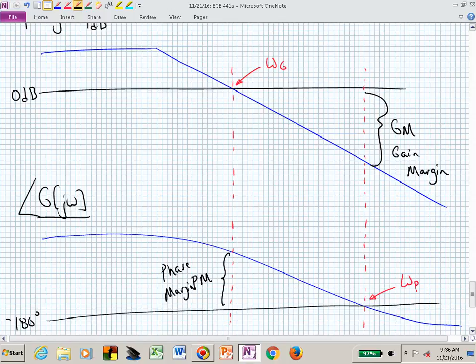We have no gain margin. Okay? So in this case, our gain margin is quite high, but we don't know what the axis is as far as how much it's labeled, but let's say that that's now 40 dB of gain margin. Our phase margin, maybe that's 90 degrees. But we have positive phase margin and positive gain margin in this particular sketch.